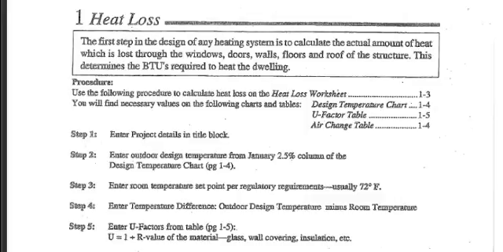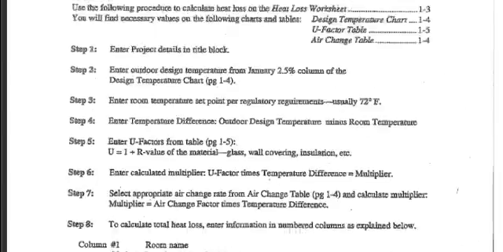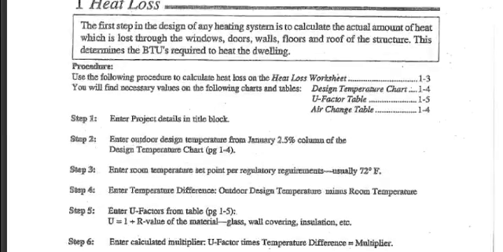The next portion of this we'll see is we've got to look at our sheet of instructions. If you look at this page, you'll find that it's labeled 1-2, and it starts off step by step. So we're going to enter our project details in the title block, which is at the top of our heat loss page.